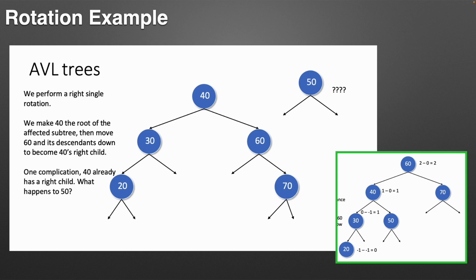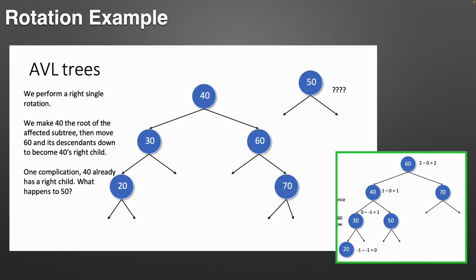And then what we're going to ultimately run into once we do that is that 40 already has a right child, which is 50 here. We need to be able to do something with 50 because, as you can see, we're grabbing this and moving it, and there's 3 lines. It's a binary search tree, so we can only have 2 children, ultimately. And in this case, 50 is kind of this third child that's not going to work for us.